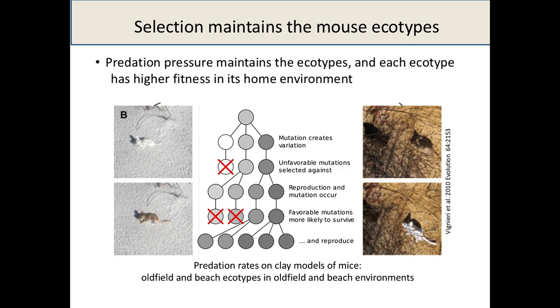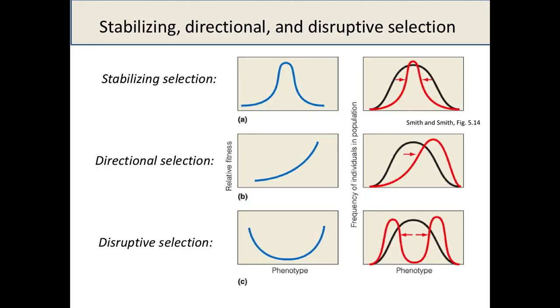What type of selection gradient is this? Is it stabilizing, directional, or disruptive? Disruptive, yeah. There's a population that in a normal environment will have a full range of traits, a full range of hair colors.